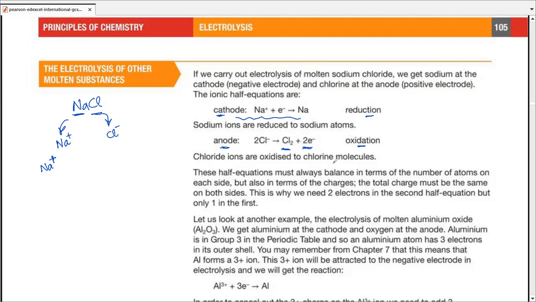Okay. Although this is easier, what you need to understand, and what's not written over here but was given in the previous pages of the book, are the observations. So if this, let's suppose, is the cathode, the sodium is going to deposit on the sides. And what would be the observation?